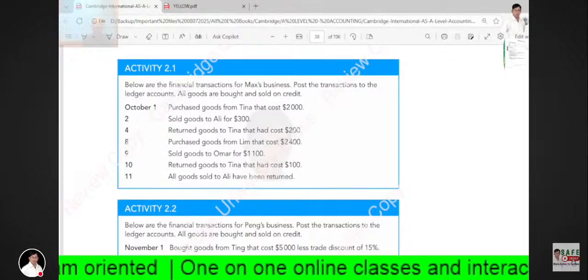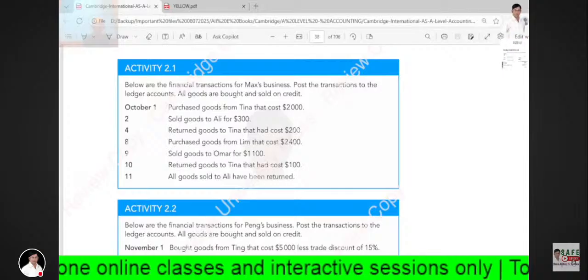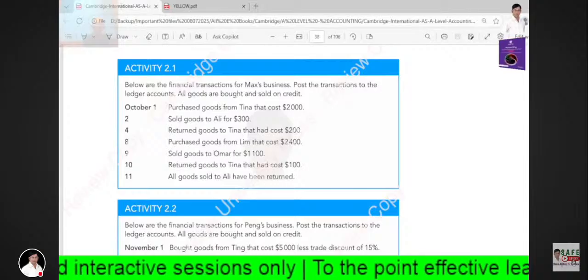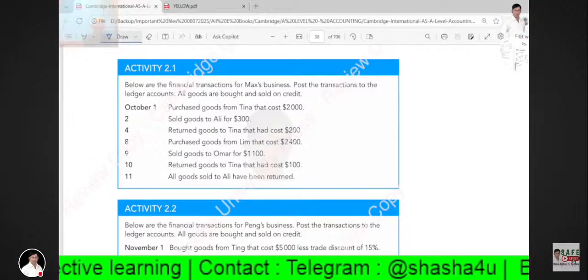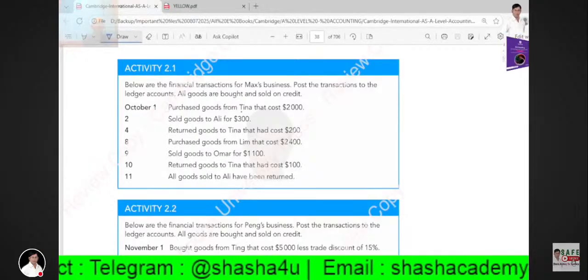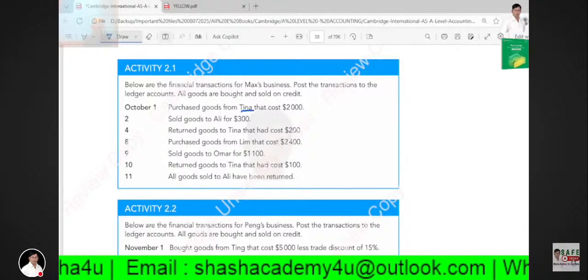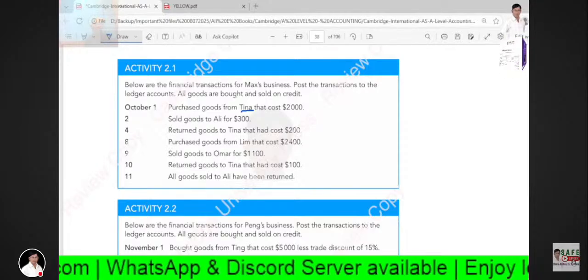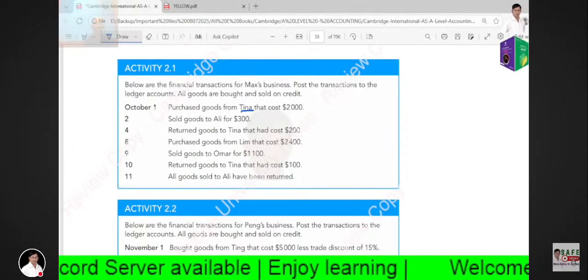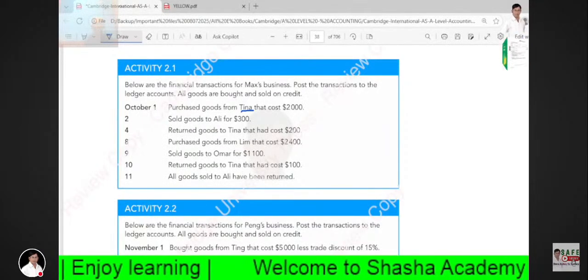Basically, we need to know the personal account, whether this account is receiving or giving. So purchase goods from Tina that cost 2000.